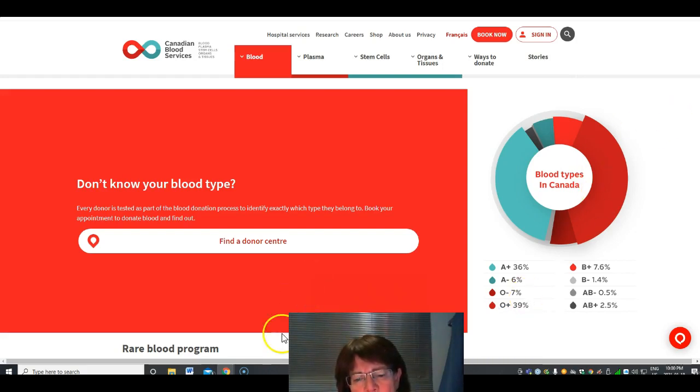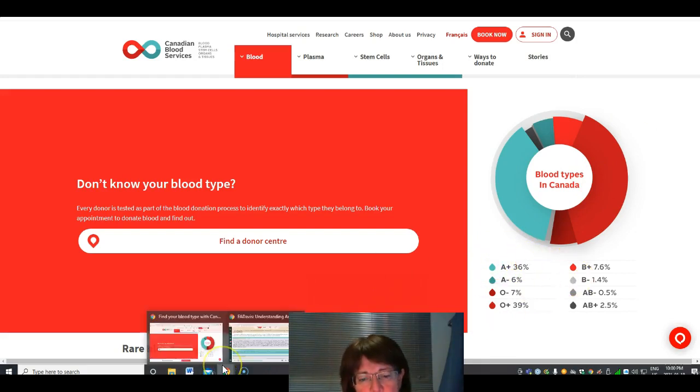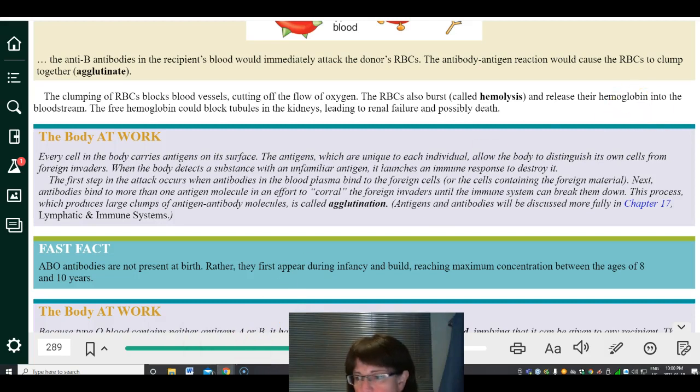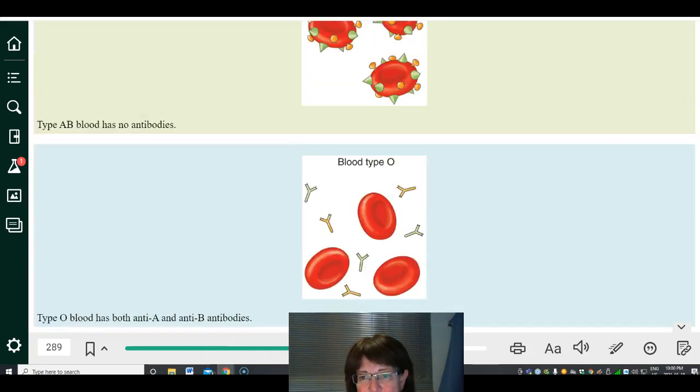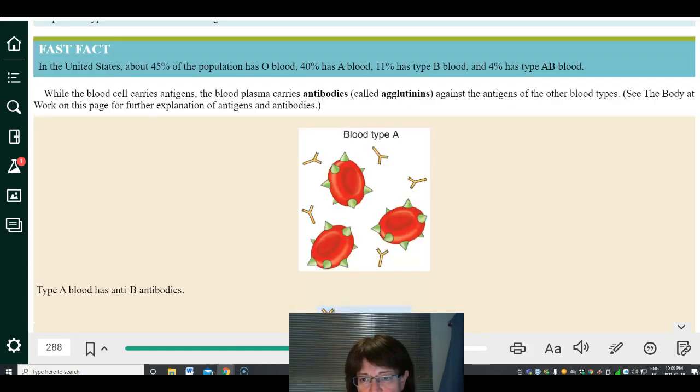So when we look at A, B, or O, those are blood groups, and it has to do with the antigen on it. So when we look at blood A, it has the A antigen and the B antibody. Okay? A antigen, B antibody.